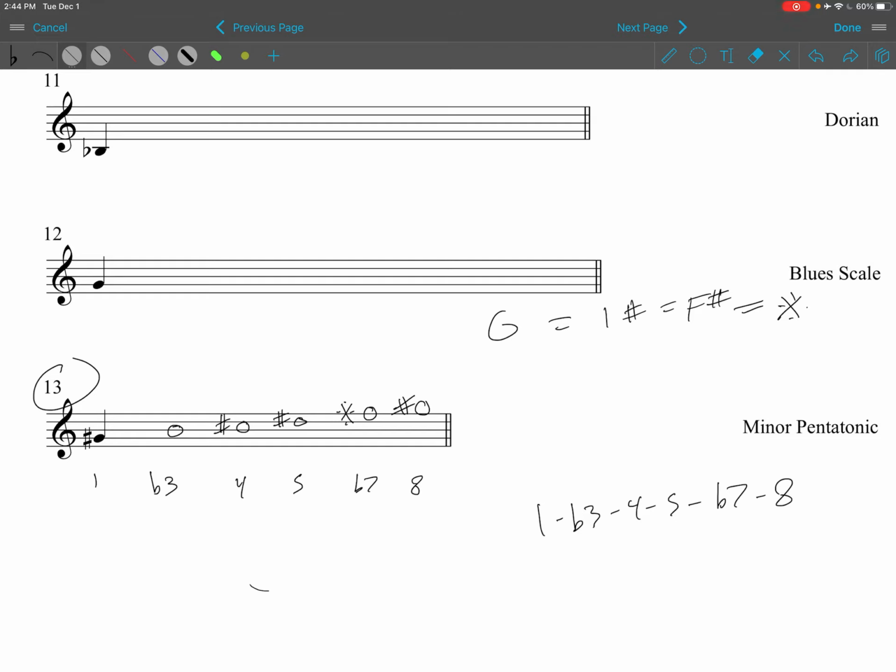My 7th is supposed to be lowered, so if I have a double sharp, guys, that double sharp being lowered just turns into one single sharp, okay? This is kind of a really bad key. I don't really even know why I picked this. I think I just did it just to make sure that people weren't going on autopilot. It really should just be written as an A flat minor pentatonic. But anyway, guys, that's how it works.